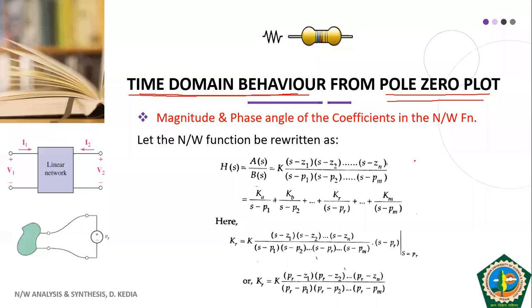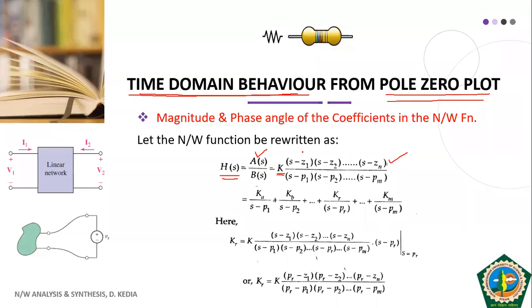So let us see. We have a network function represented by H(s). H(s) is a ratio of A(s) upon B(s). We have seen that. Then we factorize A(s) in the form of its roots, and we call those roots zeros. K is a constant, or you can say scaling factor.